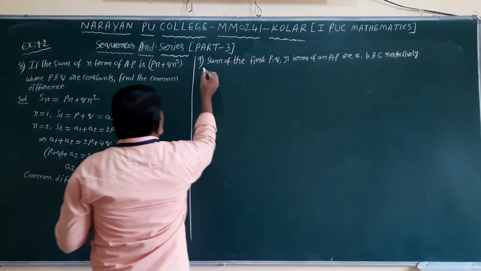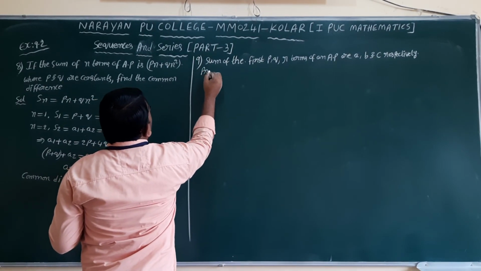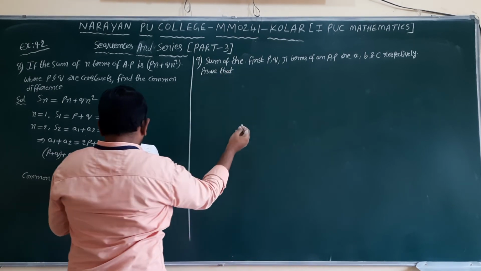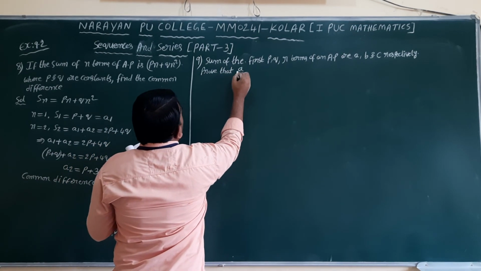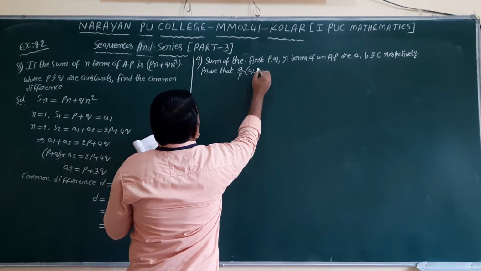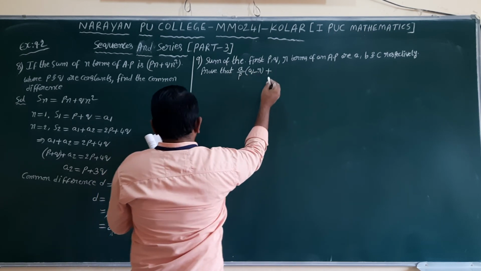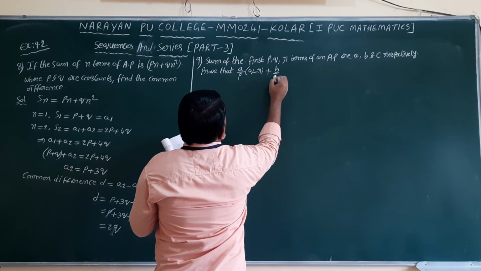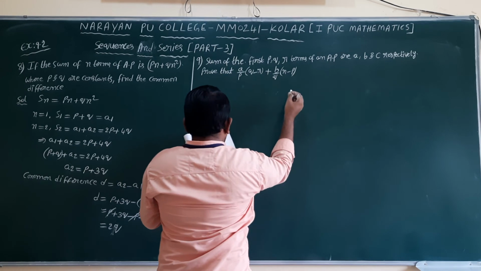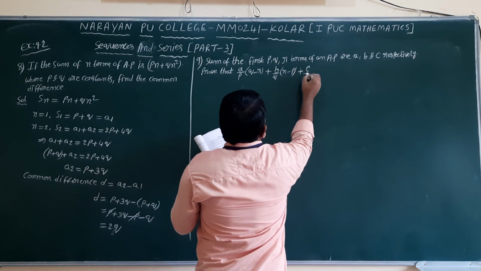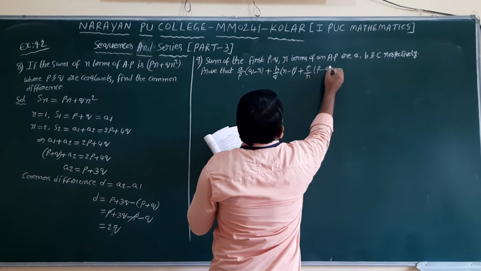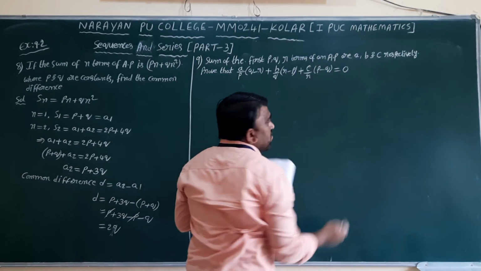Prove that A by P into Q minus R plus B by Q into R minus P plus C by R into P minus Q is equal to 0. That we need to prove.